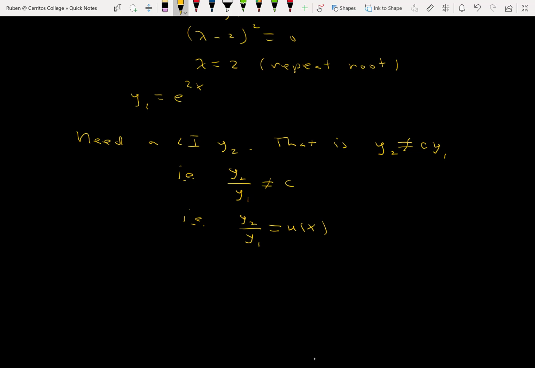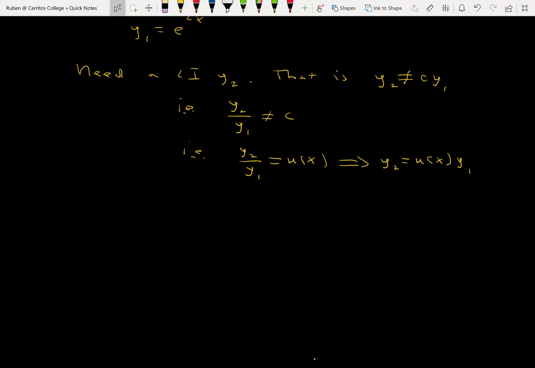So our goal is to find that function, let's say u of x, so that we can solve for y2 and get y2 equal to u of x times y1. This is basically how we're going to find our second linearly independent solution.